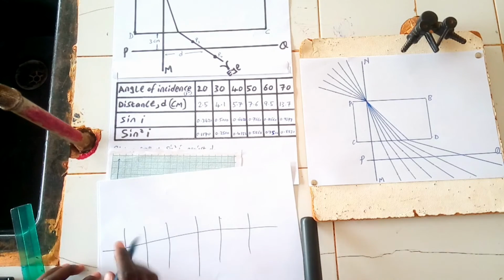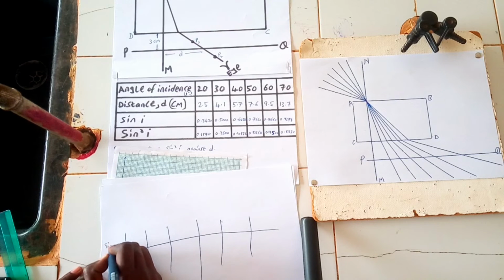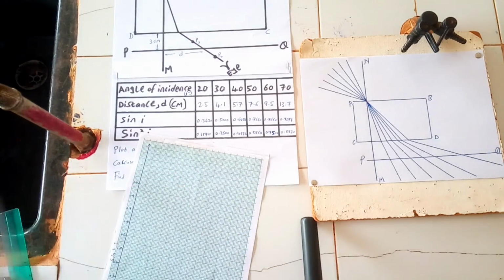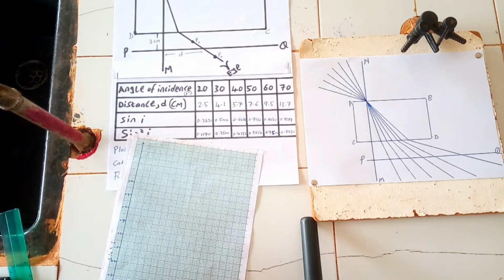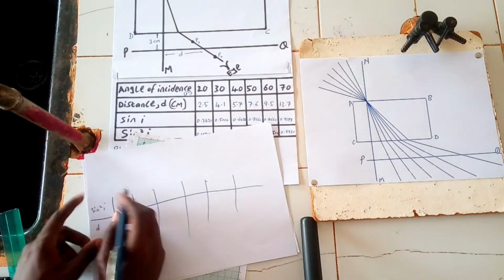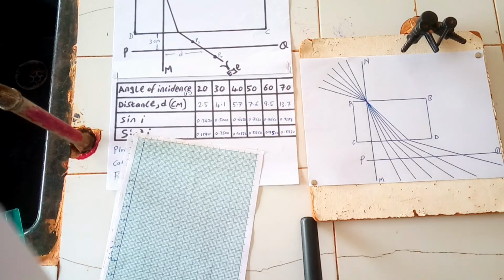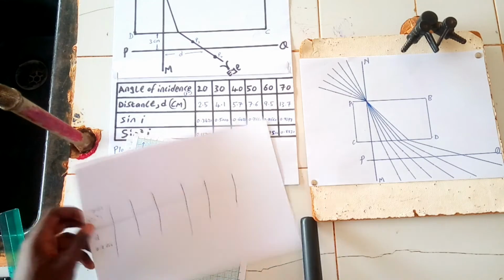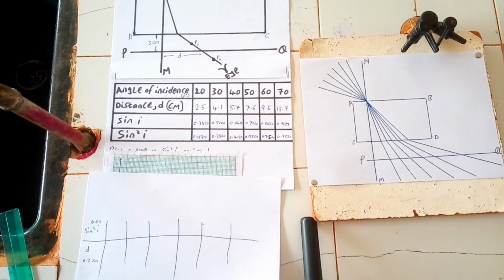Let's call this sine squared i. Let's call this d. For the sine squared axis, we are working with 10 squares to represent 0.1. That means each square is 0.01. Then for d, 10 squares is 2, so each square is 0.2 centimeters. So we can now divide these values to find the plottable format. Let's start with the d.